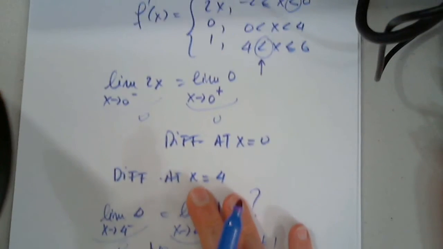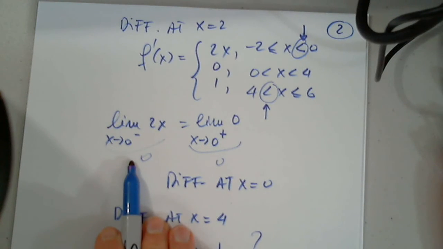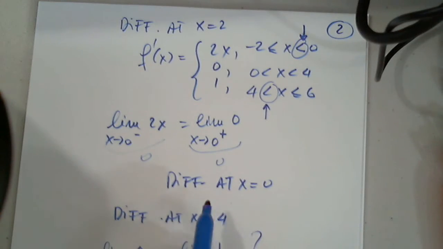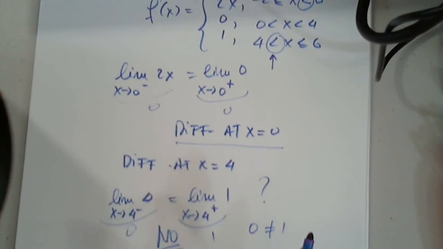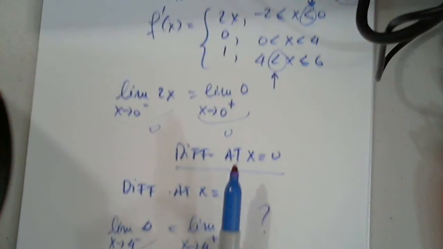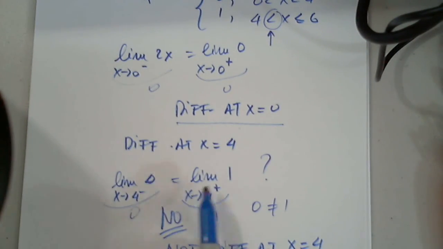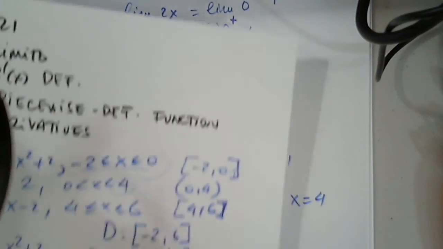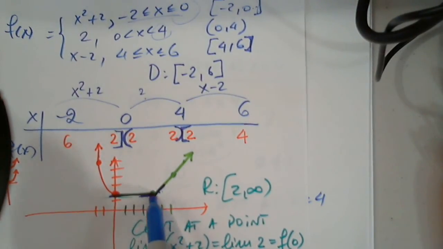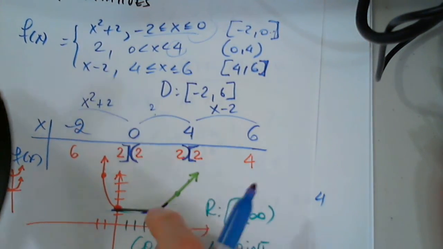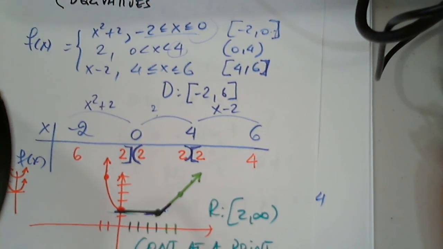So at that point, the limit from the left-hand side is 0, the limit from the right-hand side is 0, so these two are the same, so it's differentiable at 0. But here, 0 and 1. So at 0 is 0 and at 1 is 1. So the slope of the tangent here is 0, and the slope of the tangent here is 1. So at this point, although the function is continuous, it's not differentiable.